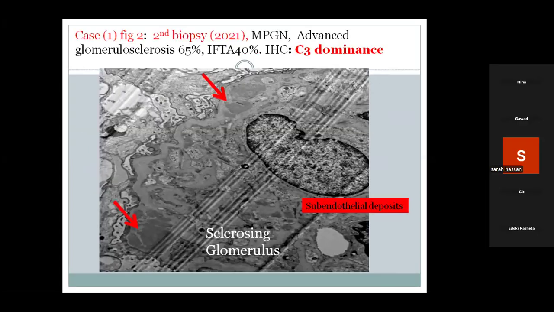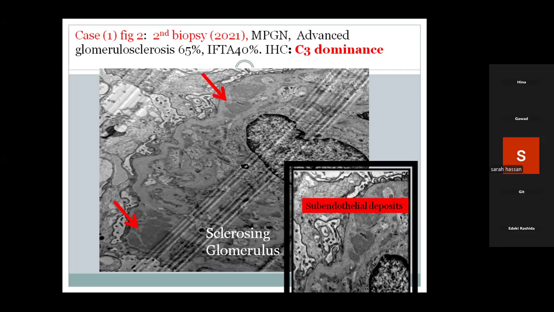His second biopsy showed an MPGN pattern of injury with advanced segmental and global glomerulosclerosis occupying 65% of his glomeruli, and IFTA of 40%, and his immunohistochemistry showed C3 dominant deposit.